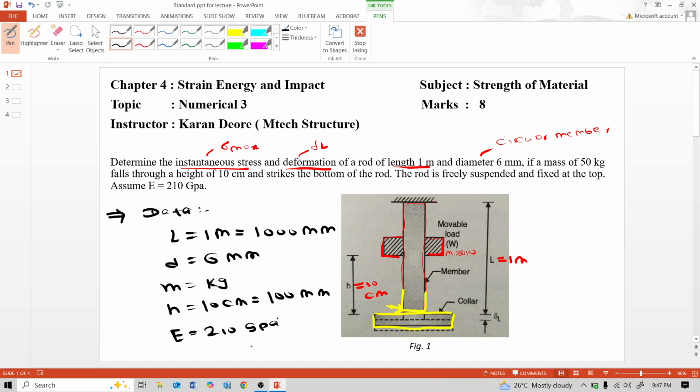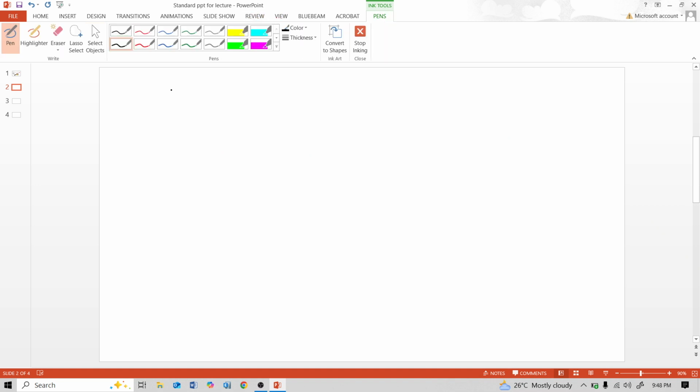GPa means gigapascal, and we write our units in mm, and gigapascal, that means 210 into 10 raised to 3 megapascal. And you all know 1 megapascal is equal to 1 Newton per mm square. And our problem statement is to find stress and deformation.